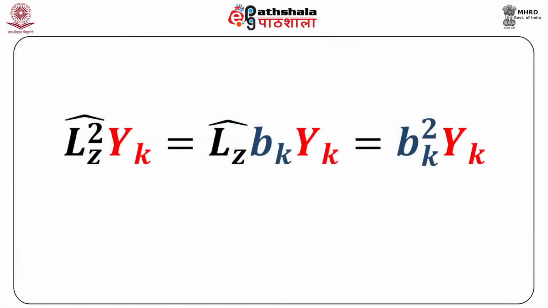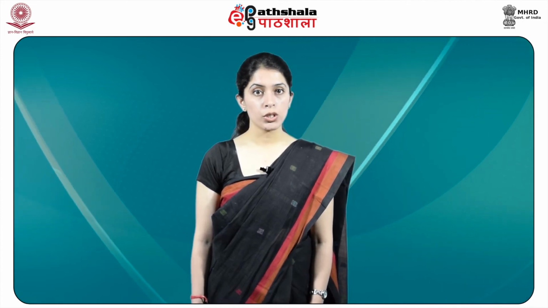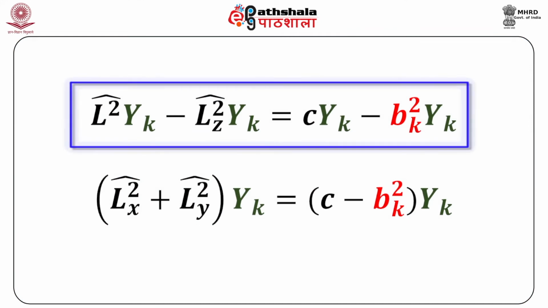Now operating on the eigenvalue equation of the Lz component with Lz, we have Lz square ψk equals Lz bk ψk, which becomes equal to bk square ψk. Now subtracting this equation from the eigenvalue equation of total angular momentum, we have L square ψk minus Lz square ψk equals cψk minus bk square ψk.